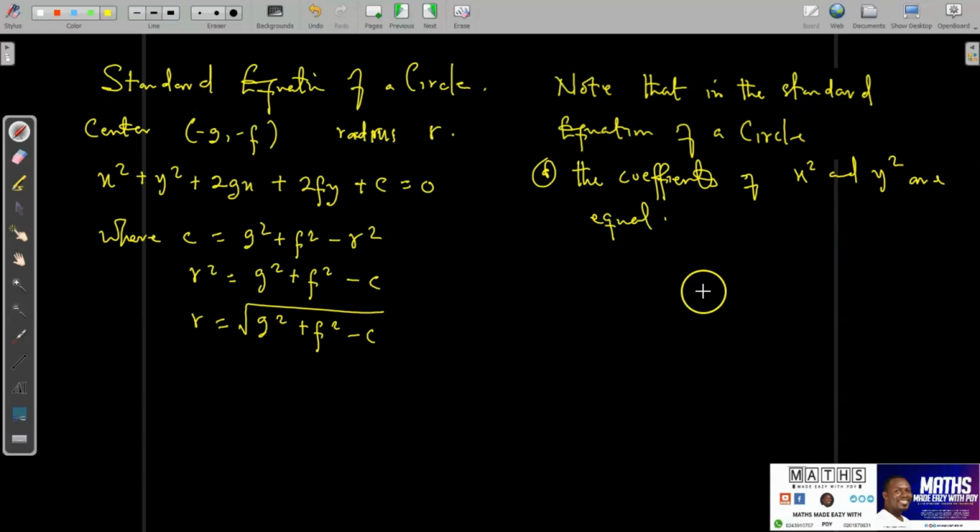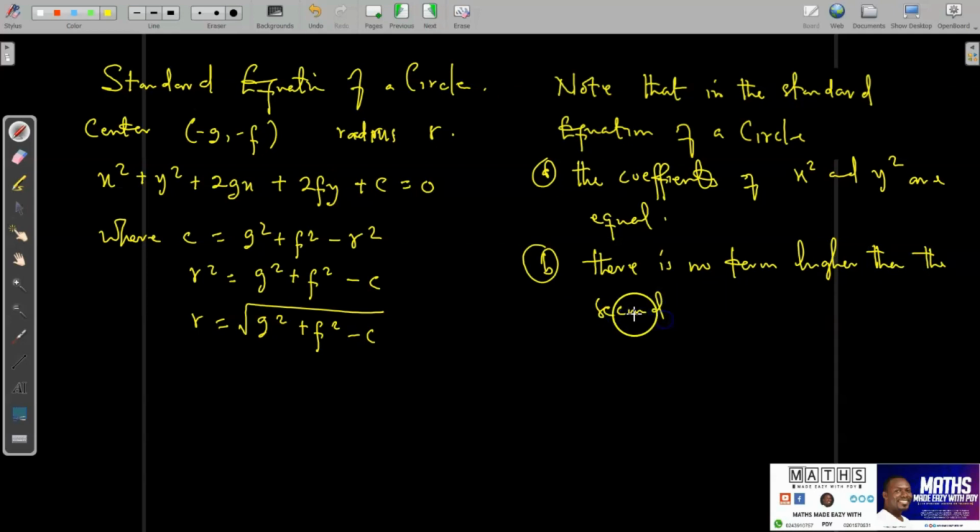Then B, there is no term higher than the second power.